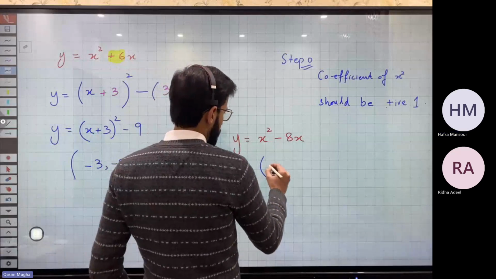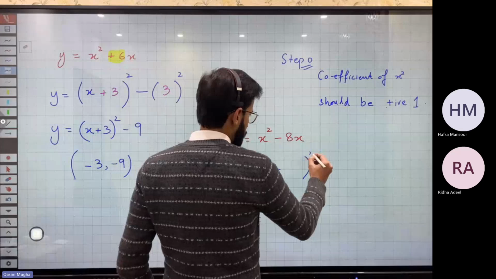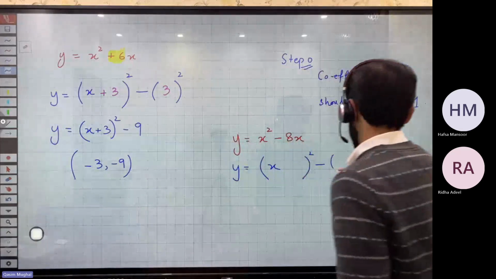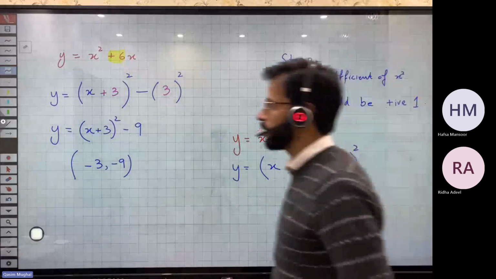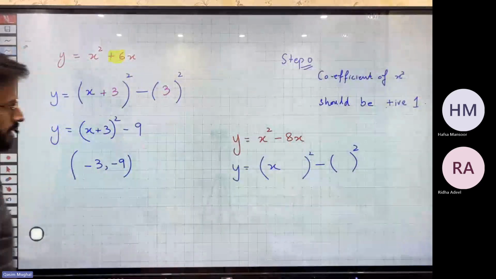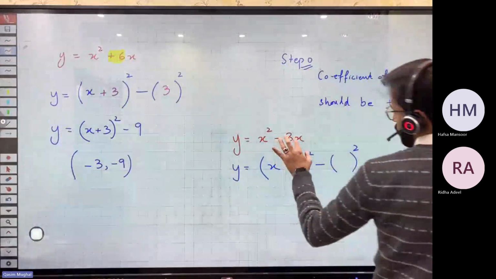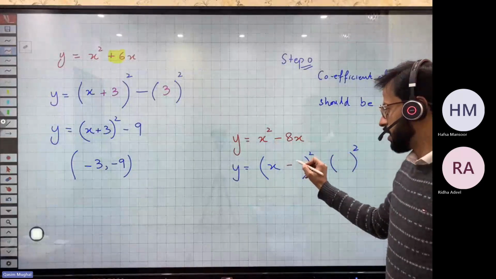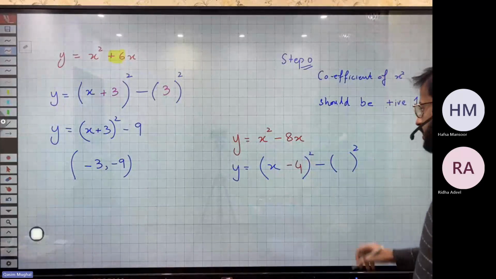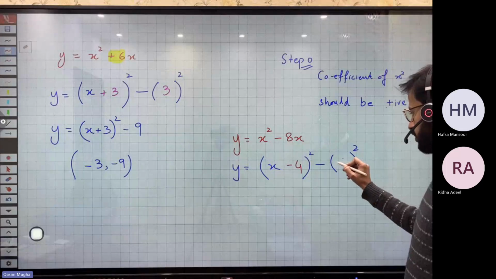Nice. So x, blank space, whole squared minus blank space, whole squared. This needs to be there all the time. In the blank space, I need to put half of the coefficient of x along with the sign. So minus 8, the half of it is going to be minus 4.